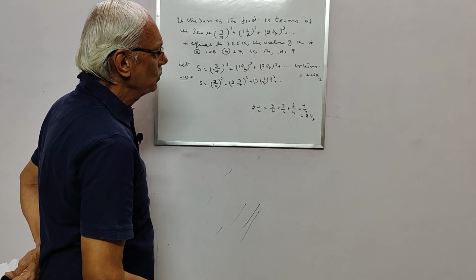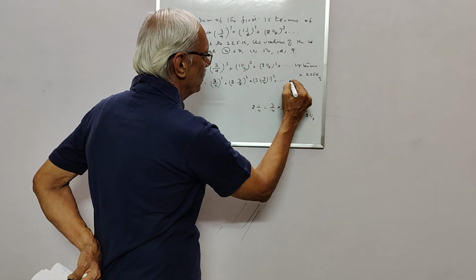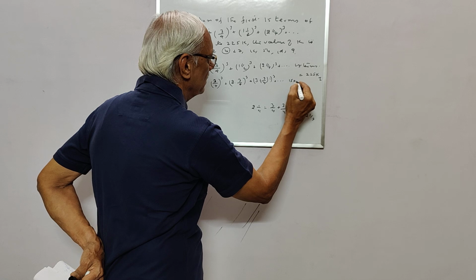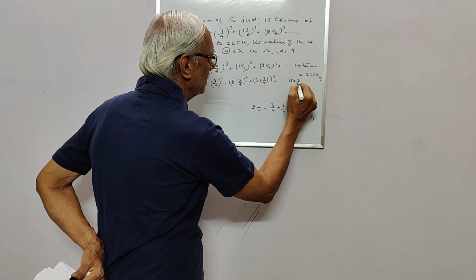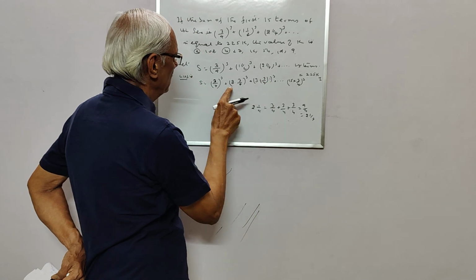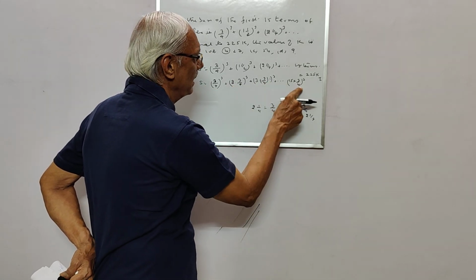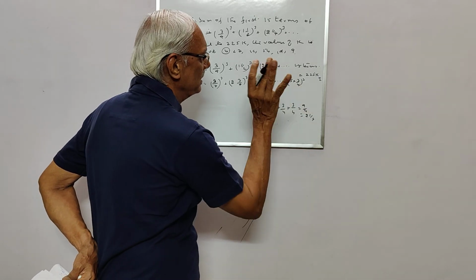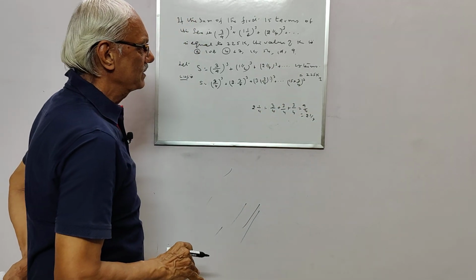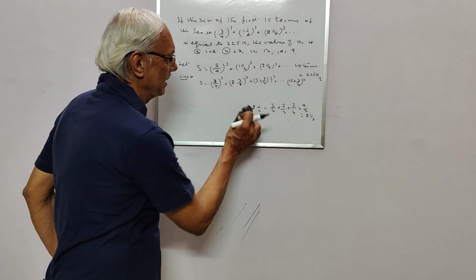And you see that it goes up to 15 terms. Third term means first one, second one, third one. It goes up to 15. As per the given problem, this is what I understand.